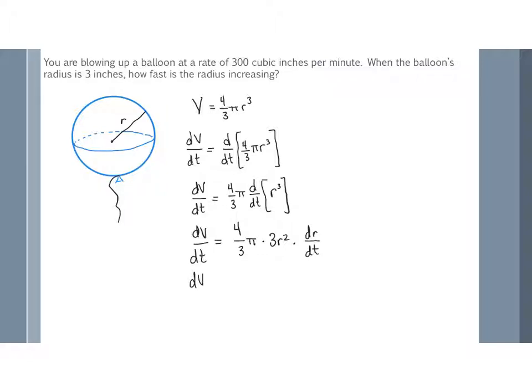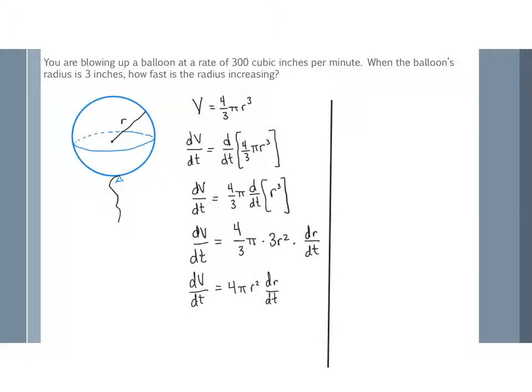So we have dV/dt equals 4 pi r squared dr/dt. So here we have our equation that relates the rates of dV/dt and dr/dt.